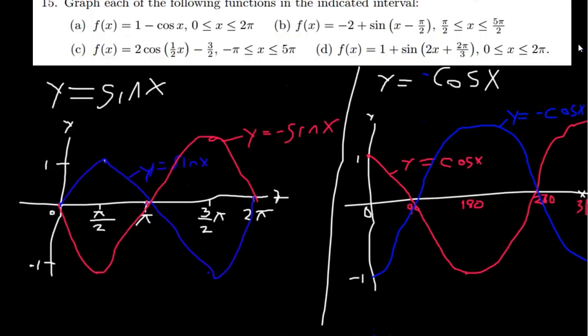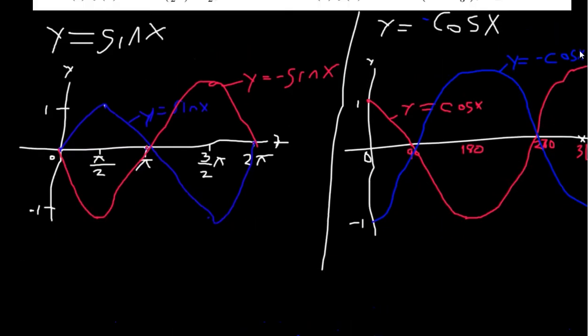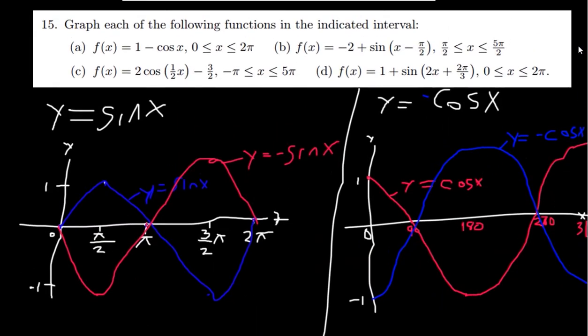So the second question is y equals negative 2 plus sine of x minus pi over 2. So this one is a little bit tricky. You should be careful when answering such questions.